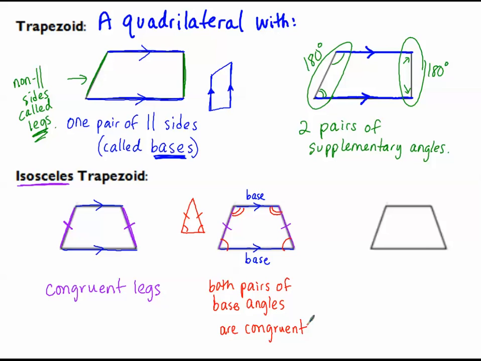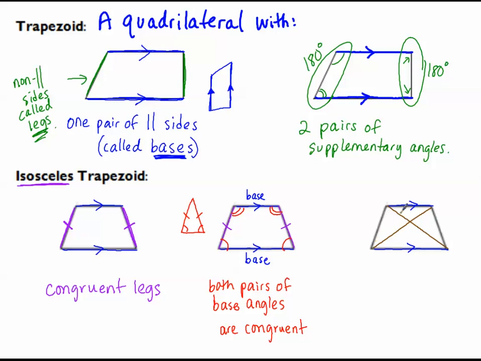Now, one last property is about the diagonals. If I draw in the diagonals of the trapezoid, now I said trapezoid, so I'm going to start by showing the one pair of parallel sides, just the one pair. Now I'm going to draw in the diagonals, and because the legs are congruent, it's going to cause these two diagonals to be the same length.